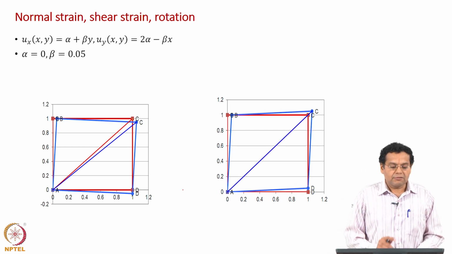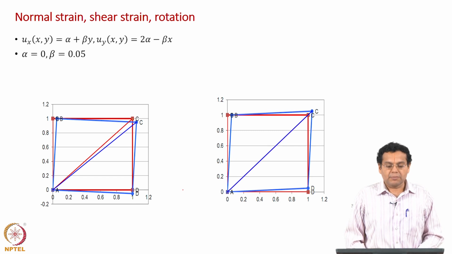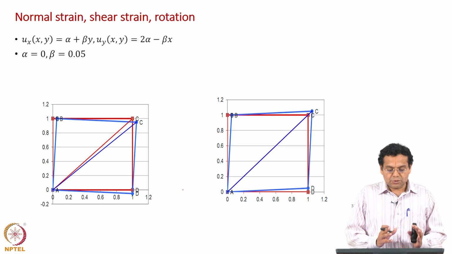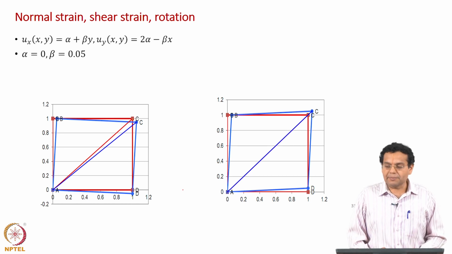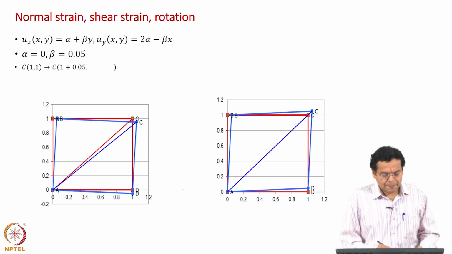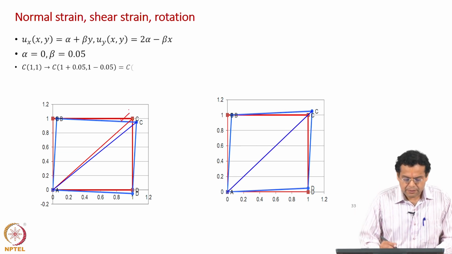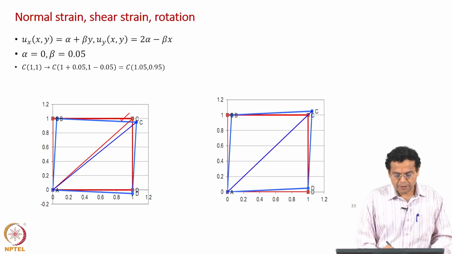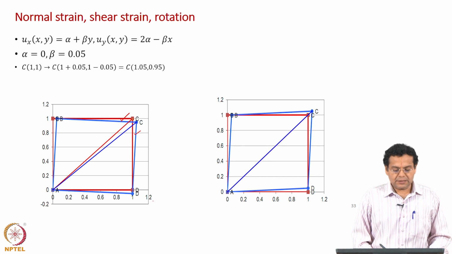That is why we have taken beta as 0.05, but remember 0.05 is a very large value. To show clearly, we are considering beta as 0.05. Now, let us proceed. As we have seen earlier, the red figure represents the initial configuration, the blue figure represents the final configuration.